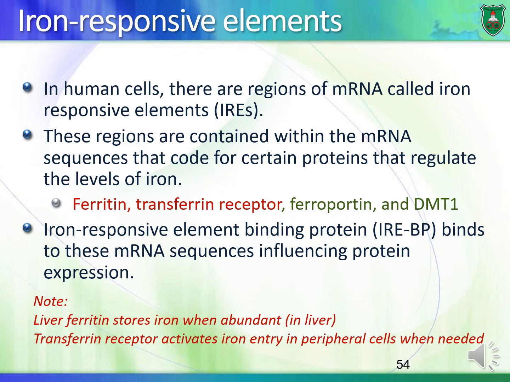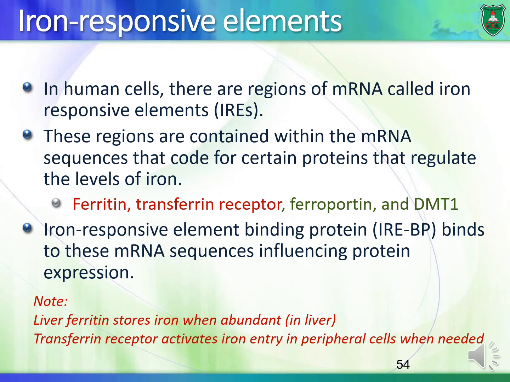Ferritin, for example, stores iron when iron level is abundant, and that's in liver cells. Transferrin receptor stimulates the entry of iron into peripheral cells when these cells need it. So it's either that you will have high level of ferritin when you have high level of iron in the system, and peripheral cells would be then happy.